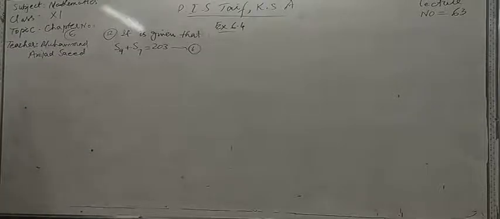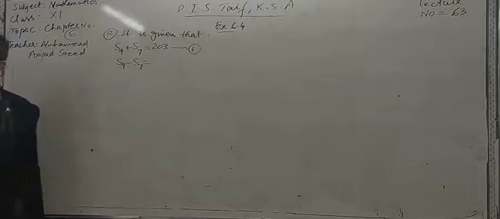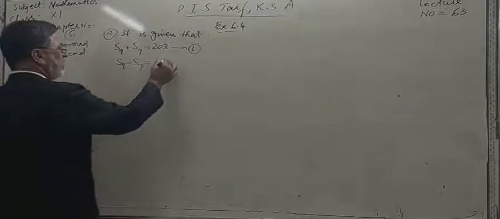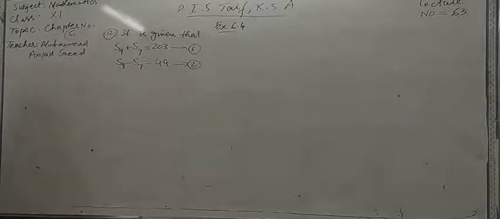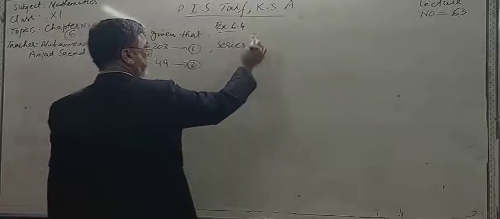After that, we have the difference, S9 minus S7 is equal to 49. This is equation number 2. Where S9, S7 are the sums of 9 and 7 terms of an AP, determine the series. In fact, we have to find the arithmetic series.